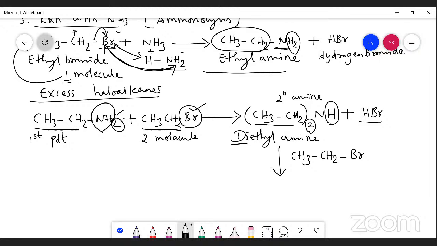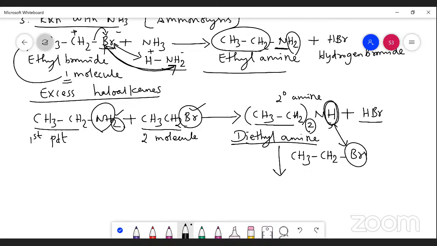Now it's the third haloalkane molecule I have added. So now what happens? Okay, you take this as a reactant. The reactant is what? Diethylamine. In that diethylamine, one more ethyl bromide I have added. Now what is the reaction? Here this hydrogen and Br should be eliminated.